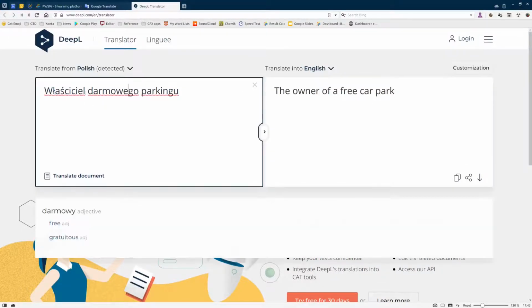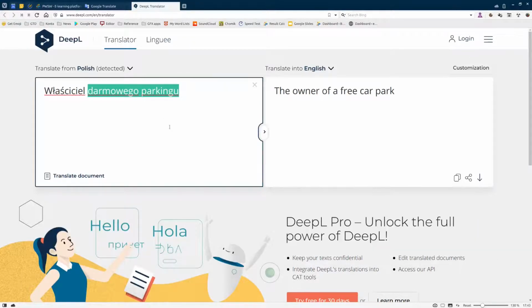Because this refers to this specific place or specific object or area. That's why we have car park here.